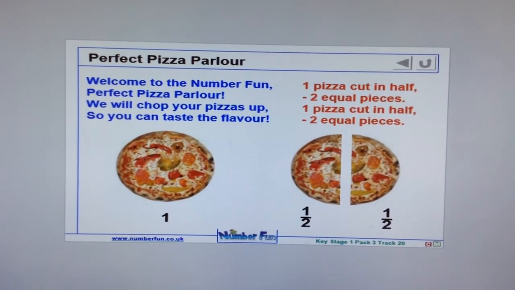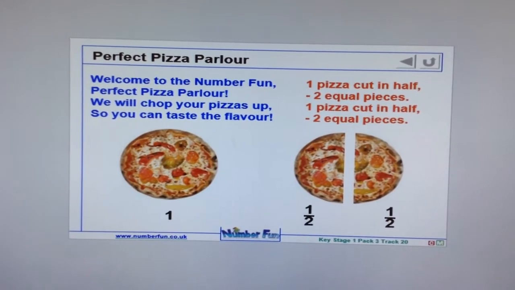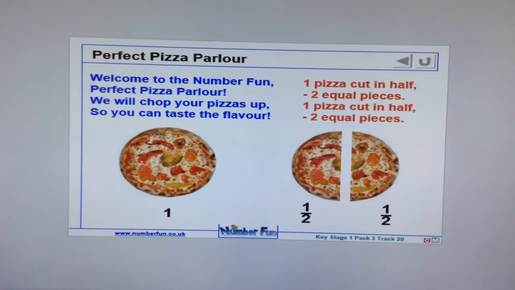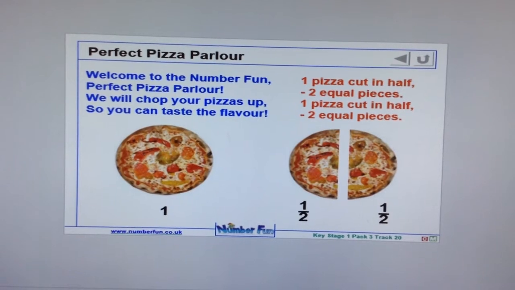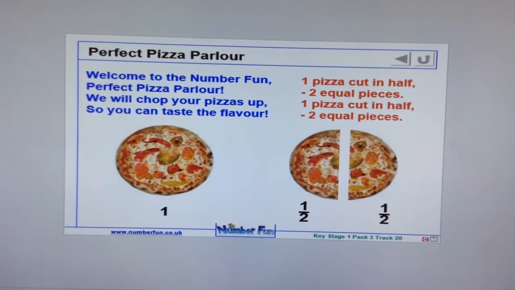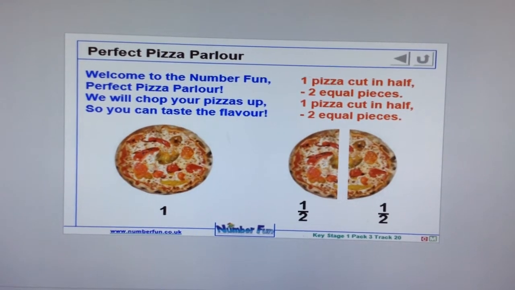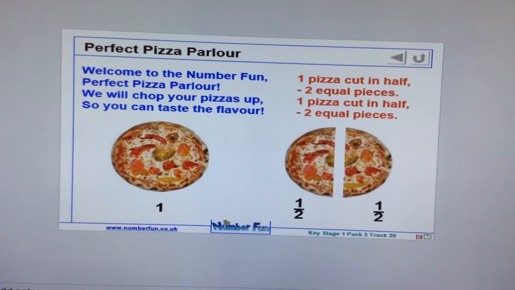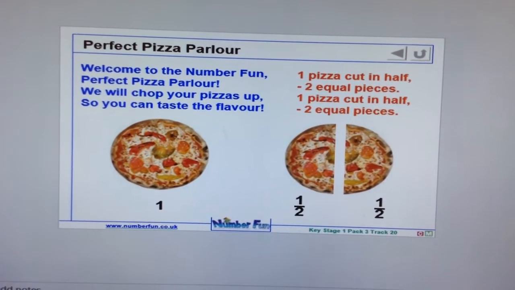Welcome to the number one Perfect Pizza Parlour. We will chop your pizzas up so you can taste the flavor. One pizza cut in half. 2 equal pieces. One pizza cut in half. 2 equal pieces.